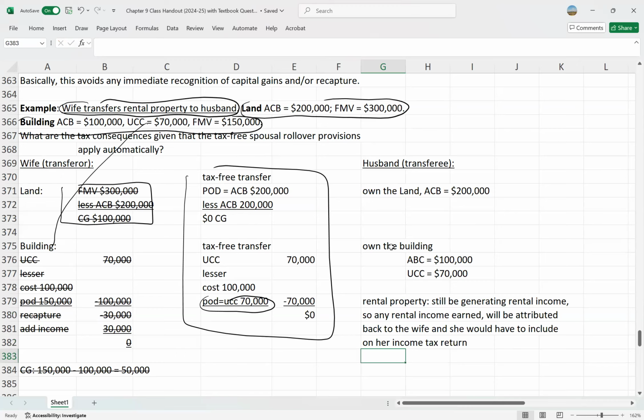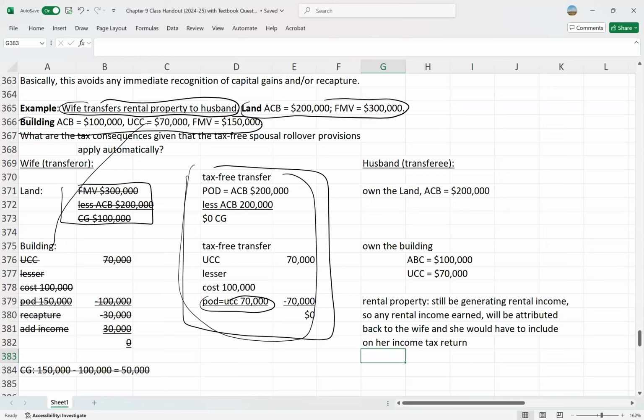So if they do this tax-free transfer, just to change the title for survivorship purposes, they can do that without creating any tax to the wife. But because there was no tax done on the transfer, any income that the rental property earns will still have to be reported by the wife.